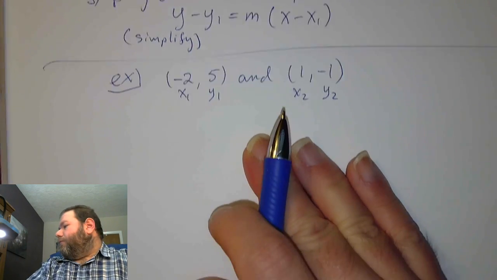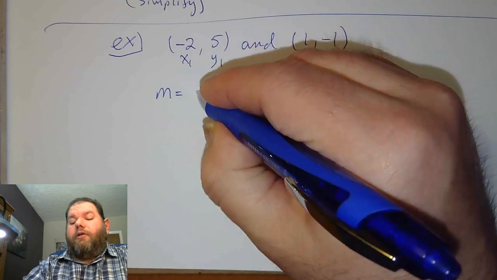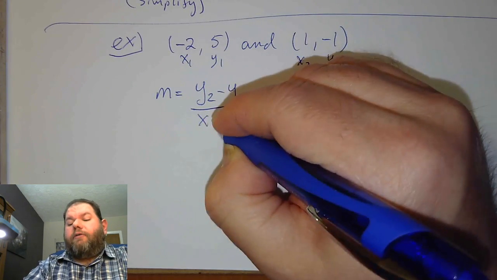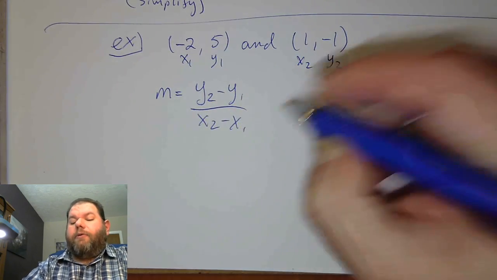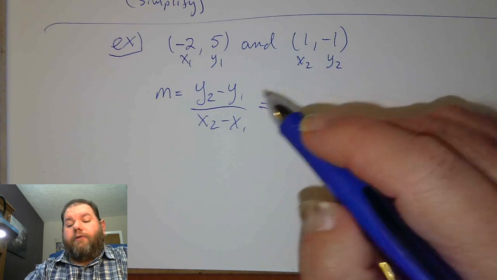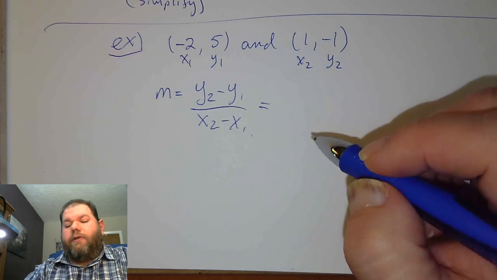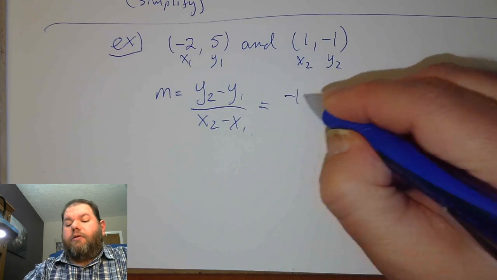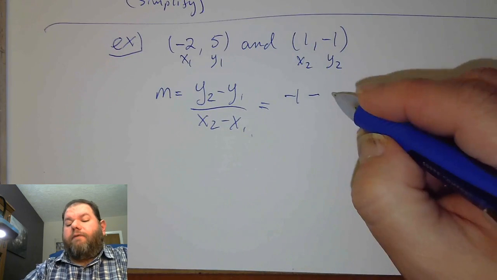Now, from there, our slope m we know is y2 minus y1 over x2 minus x1. So we plug in the 4 values in their respective locations. So on top, y2, -1, minus y1, 5.